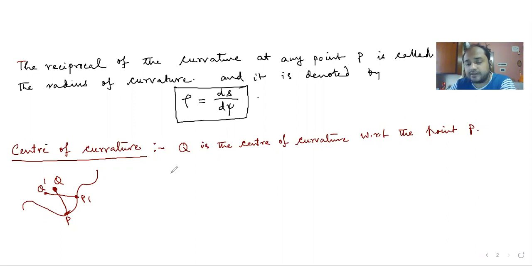You are going to get several centers of curvature with respect to several different points situated on the arcs of the curve.